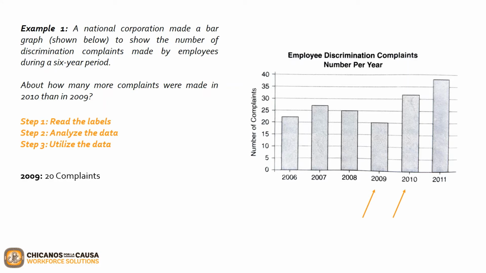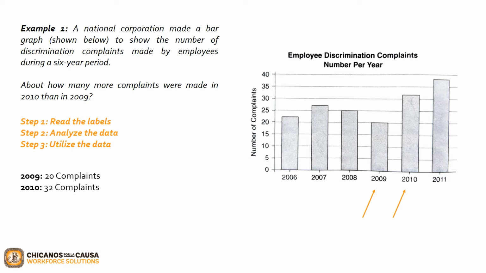Now from here, we can see that it's not quite in the middle, so it's not half. There's no halfway point here, but it's a little bit below. So that gives us about 32 complaints. If it was right at the middle point between 30 and 35, it would be 32.5. But in this particular case, we can see it's about 32.